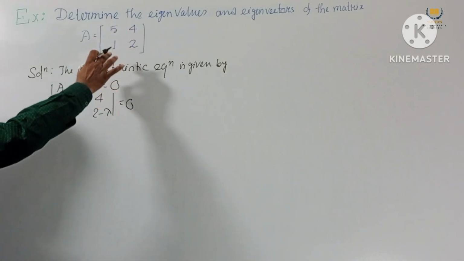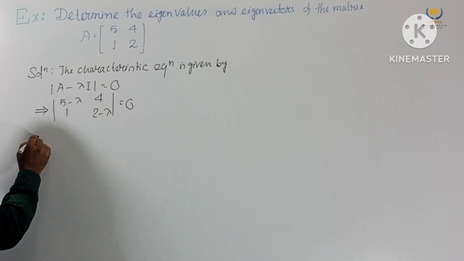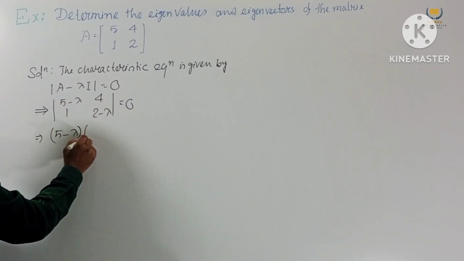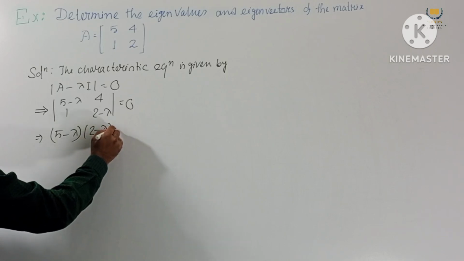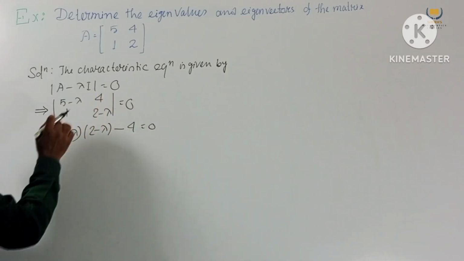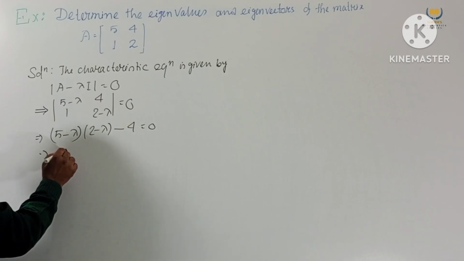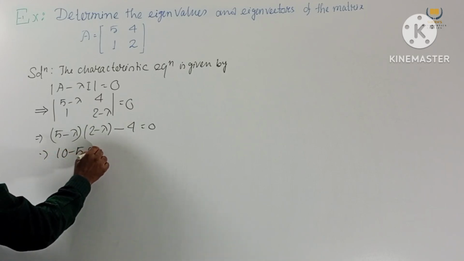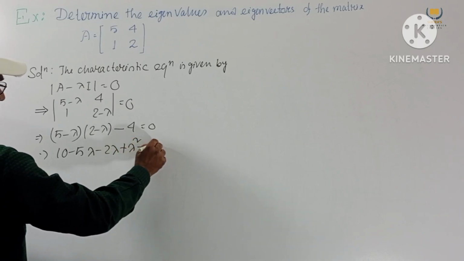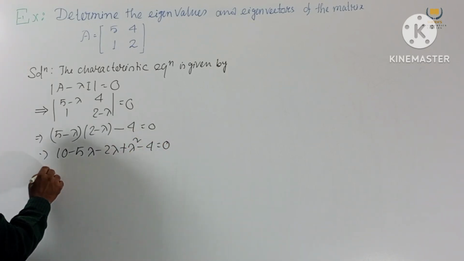We subtract lambda from the diagonals. So expand this: 5 minus lambda into 2 minus lambda minus 4, this into this minus this into this. This is 10 minus 5 lambda minus 2 lambda plus lambda square minus 4 equal to 0.